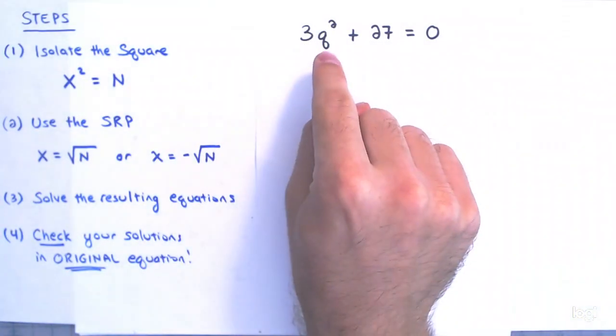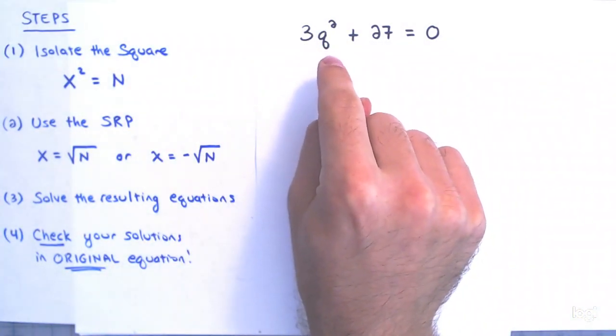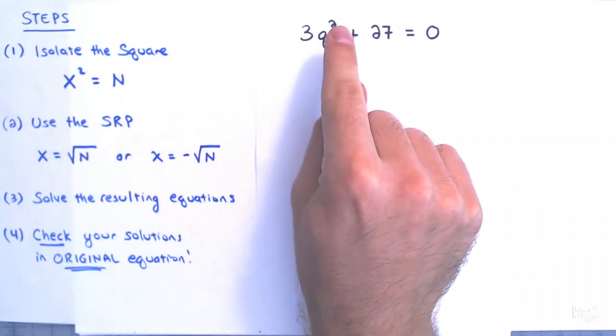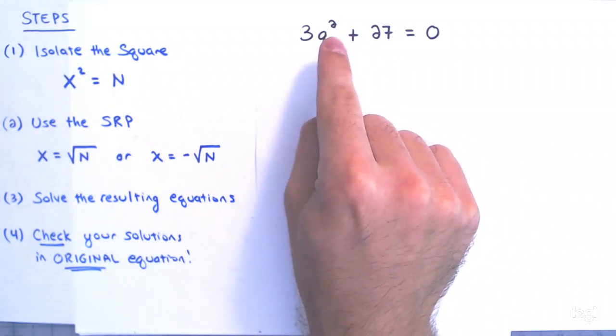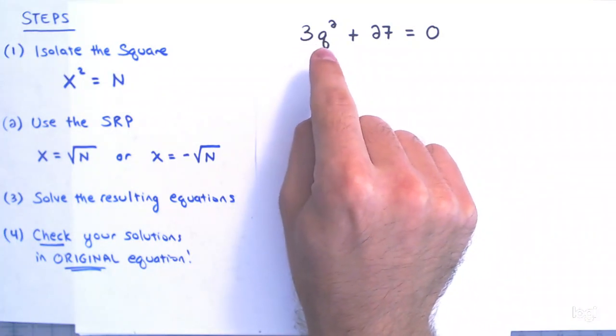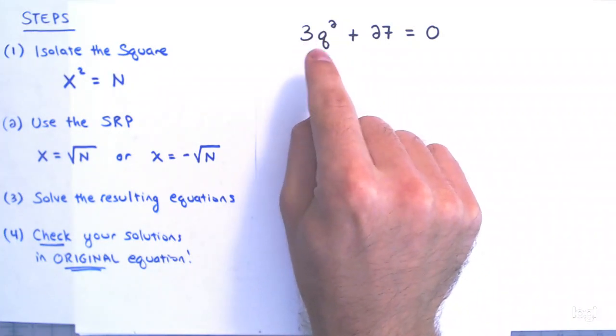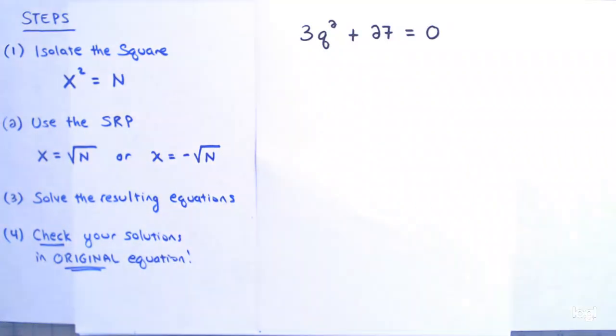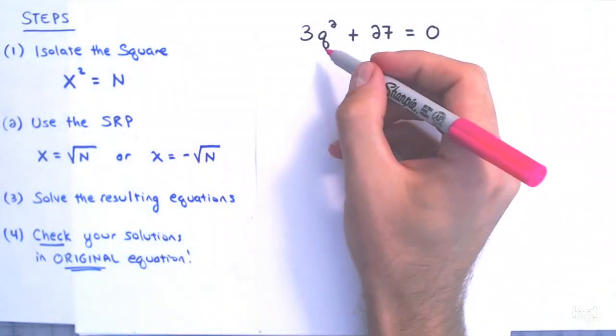So notice I will eventually be using the square root property because I do have a variable inside a square. This q is in the base of a square, and outside that base with the square, there is no q, so no variable outside the square. So first step, isolate the square.